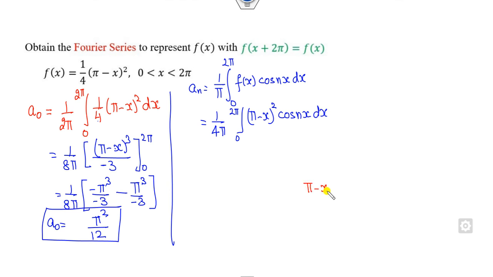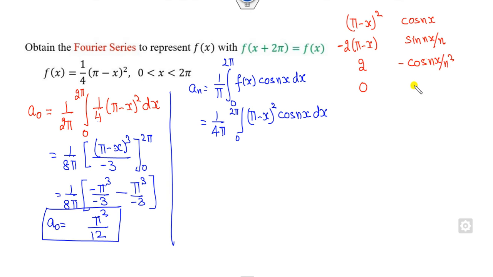I can write pi minus x whole square, then the first derivative will be 2 times pi minus x, times minus 1, then the second derivative is plus 2, then 0, and this term will be cos of nx, then sin nx, minus cos nx, and minus sin nx over cube. So I can take this as positive, this as negative, and this as positive.